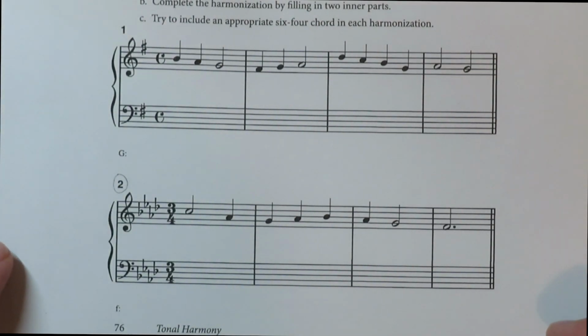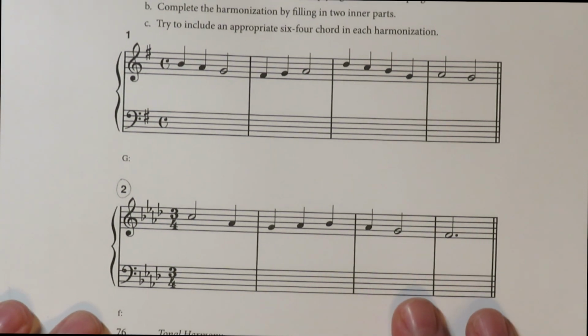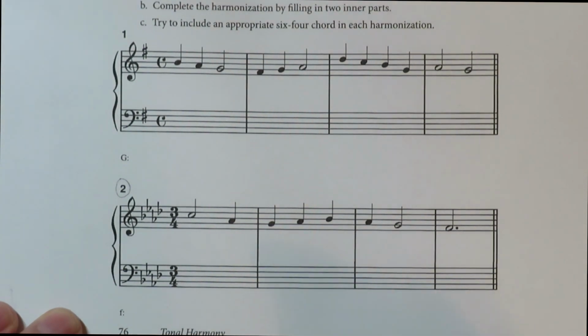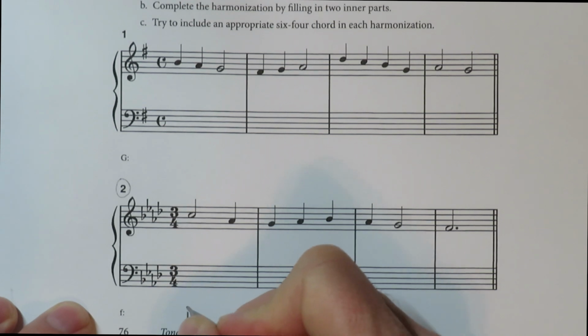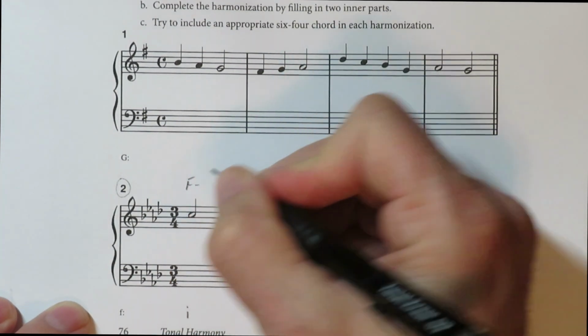So, like here we have a C, and we're in F minor, so we're going to start on the 1 chord. So I'll just put a 1 here, and then F minor.